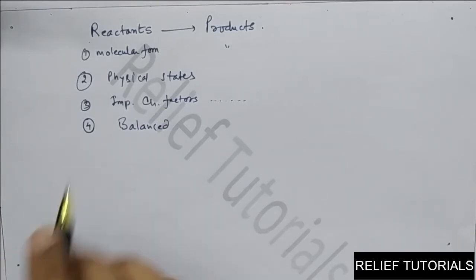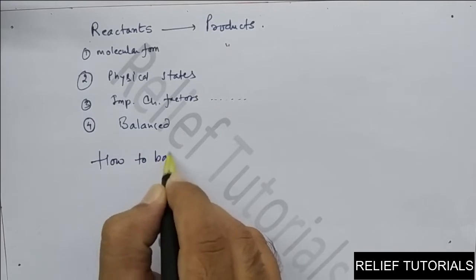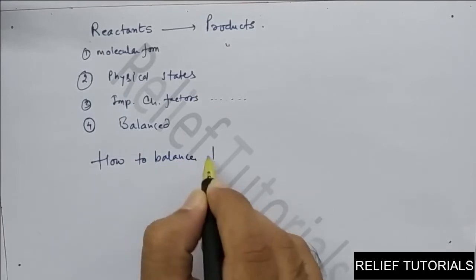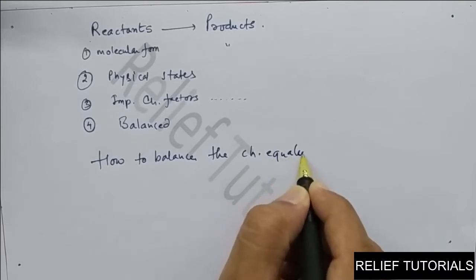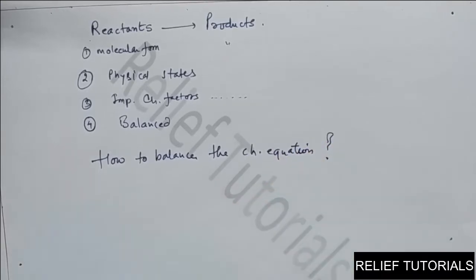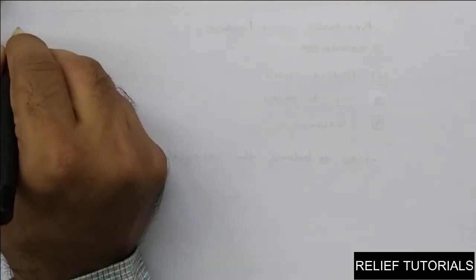So today's topic is how to balance the chemical equation. Let us discuss this with the help of examples. Let us start with the simple one.